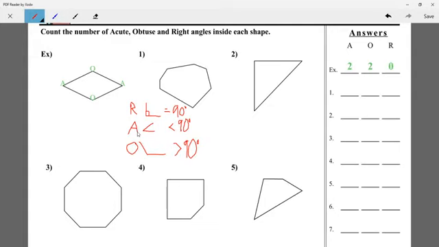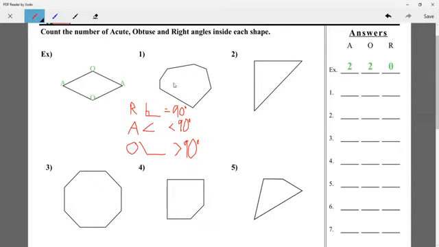And for obtuse, you can think of obtuse, like a tuba. Like a big tuba. That is a little trick I learned from one of the 4th grade teachers at my school. I think it's a good way to remember what acute and obtuse mean. So let's start going through these angles.